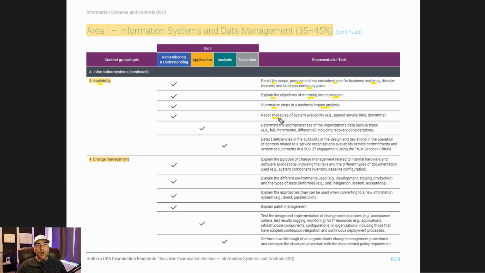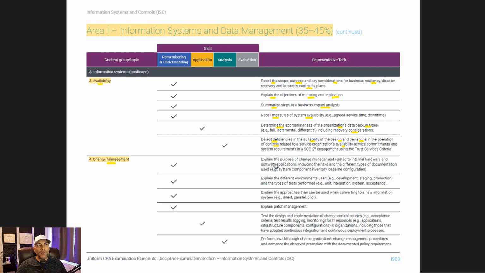You're going to need to be able to recall the measures of system availability. You're going to need to be able to determine the appropriateness of an organization's data backup types, including recovery considerations, and you're going to need to be able to detect deficiencies in the suitability of design and deviations in operation of controls related to service organization availability.